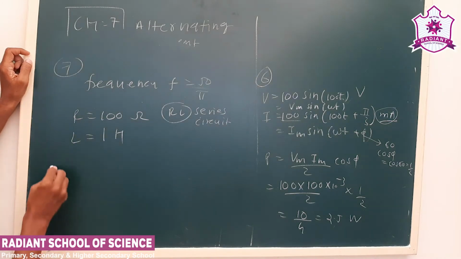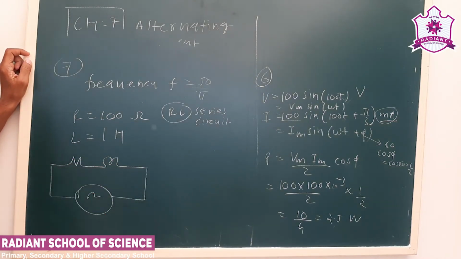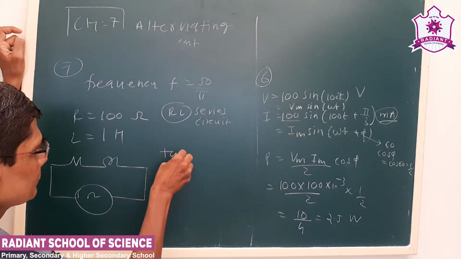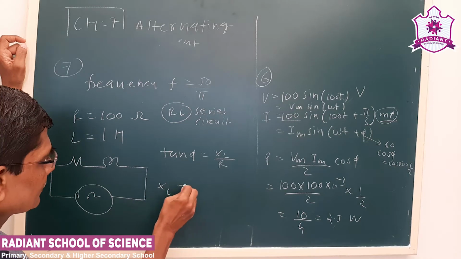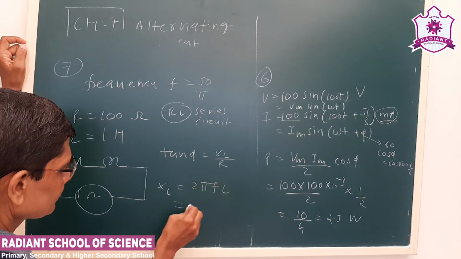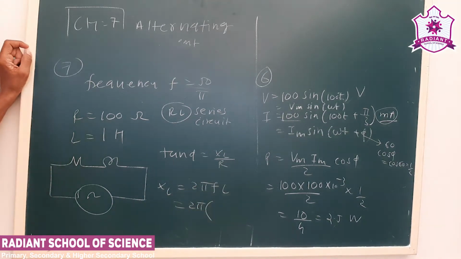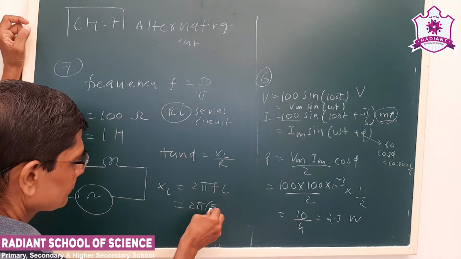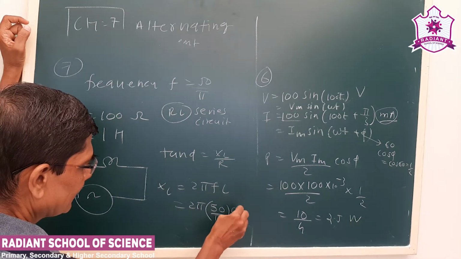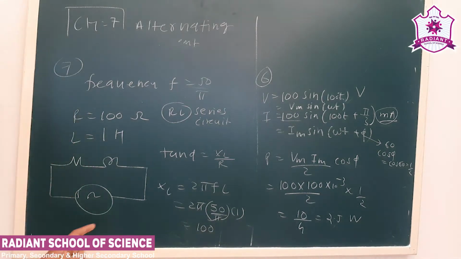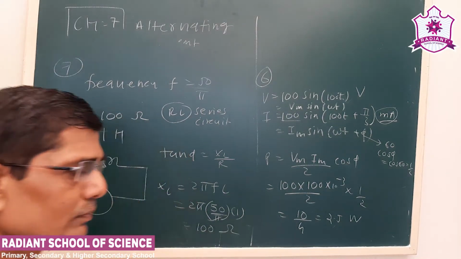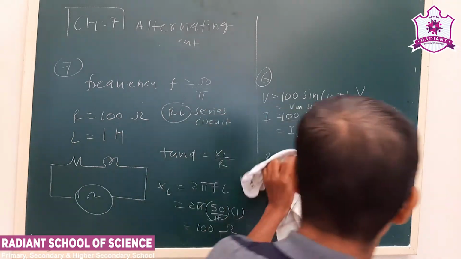Then tan phi will be XL by R. XL is 2 pi FL. The frequency is given as 50 upon pi, L is 1. So XL we get is 100 ohm. Now the phase difference is given by XL by R.